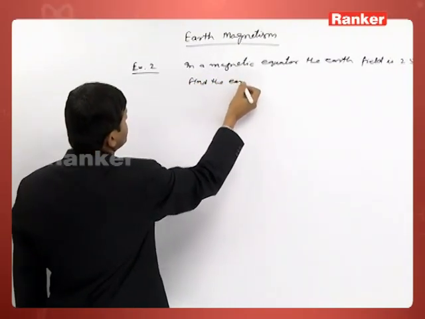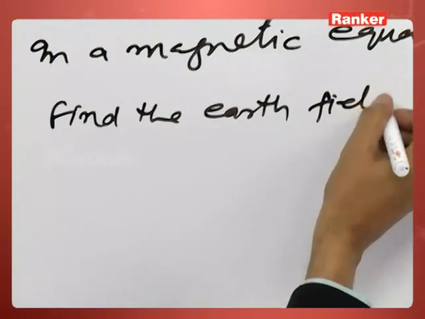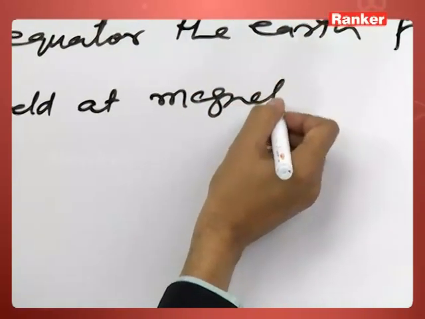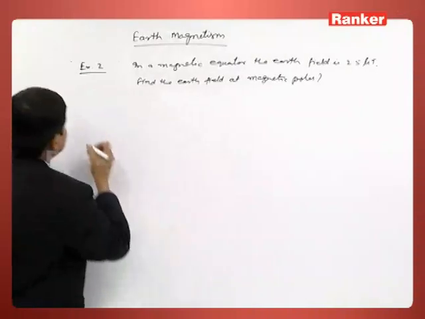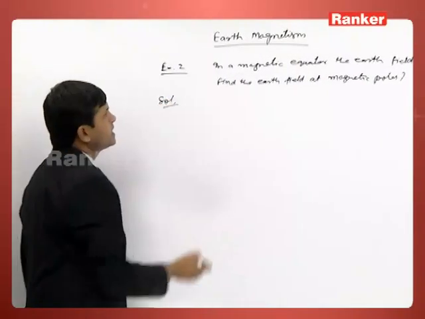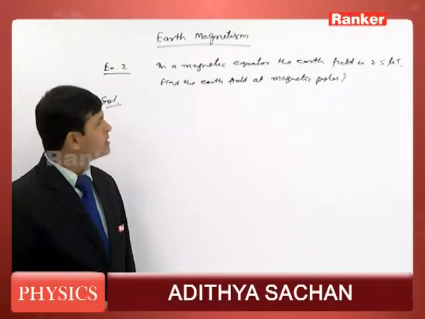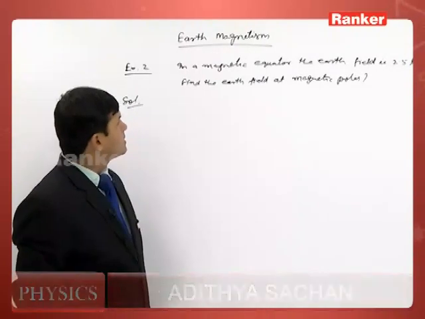Find the earth field at the magnetic poles. So this is the question here. It means the magnetic equator earth field is given as 2.5 microtesla and we have to find the earth field at the magnetic poles.